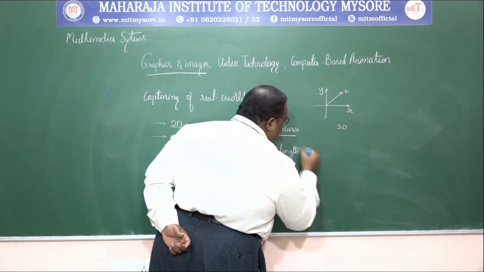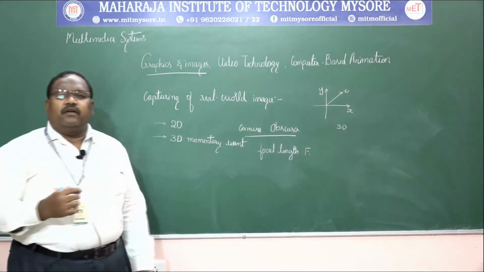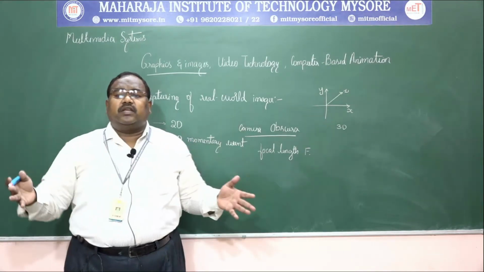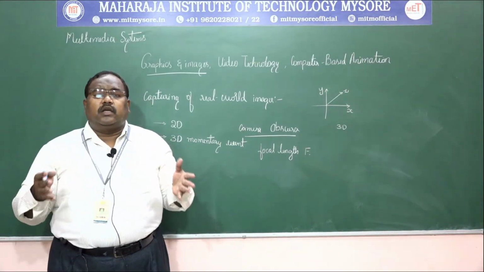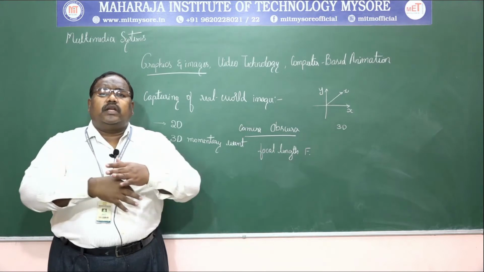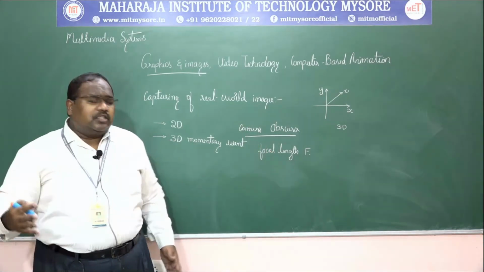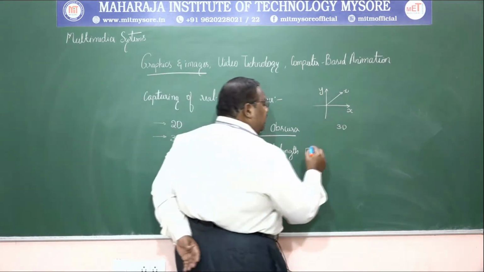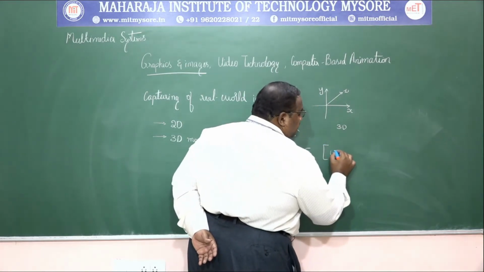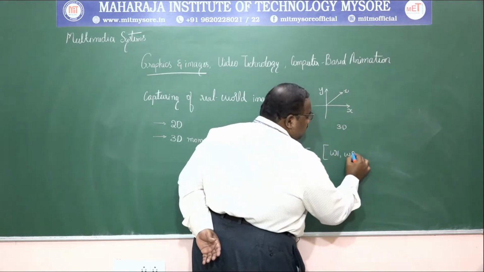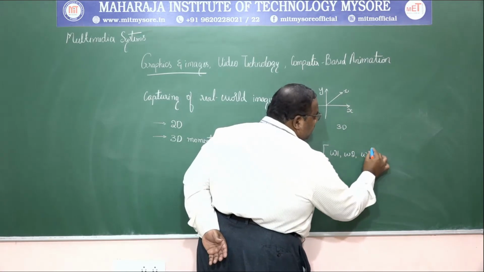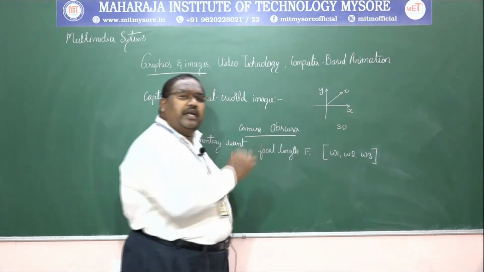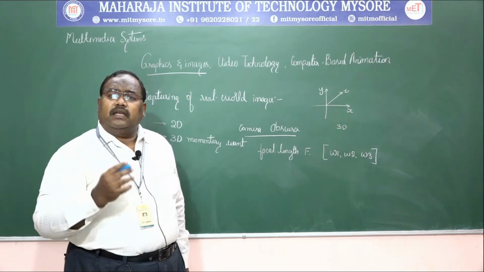That is always represented by the letter F, where the spatial Cartesian world coordinates. When you talk about Cartesian world coordinates, there are always three: W1, W2 and W3. Why are these three Cartesian coordinates used? It is simple.